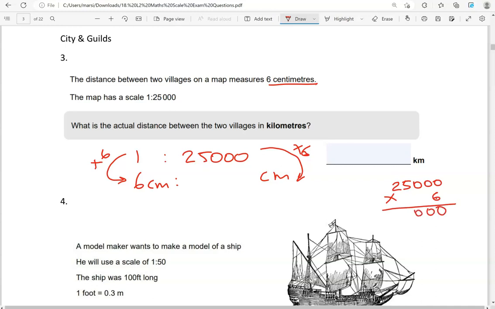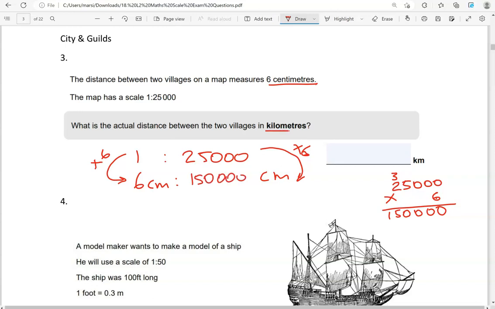So that's 3 times repeated. 6 times 5 is 30. 0 down, 3 carried over. 6 times 2 is 12, and the 3 is 15. So 150,000 centimeters.